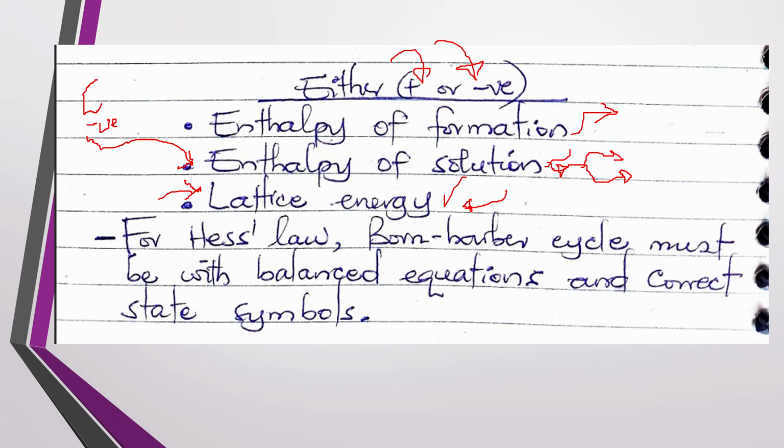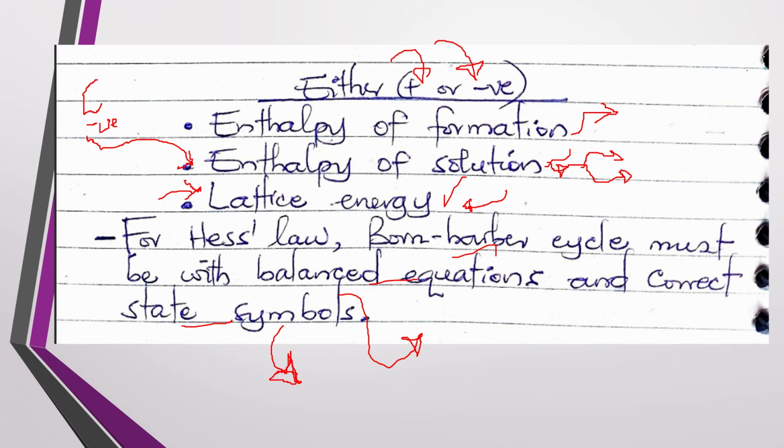When you go to Hess's law, we are saying that for Hess's law, the Born-Haber cycle must be with balanced equations and also correct state symbols. Now in thermochemistry, before we mark your script, what we are going to consider is whether you have presented the right states on the different presentations that you have made on the paper. So the first thing to consider is whether the equation is balanced.